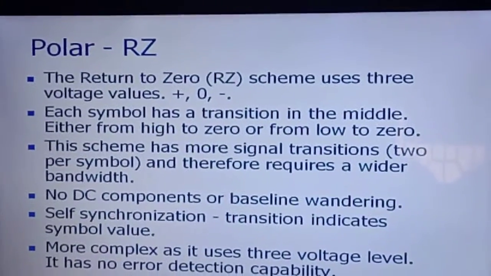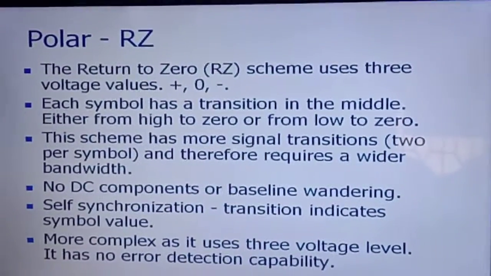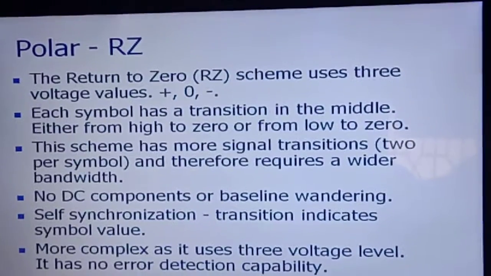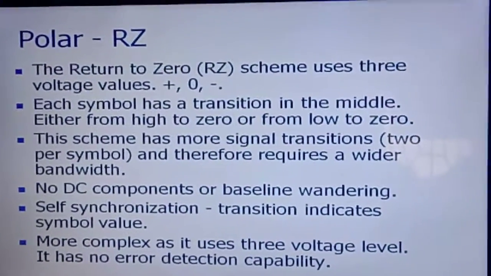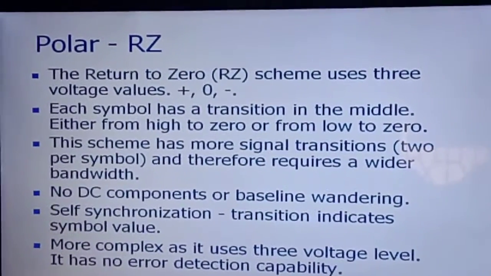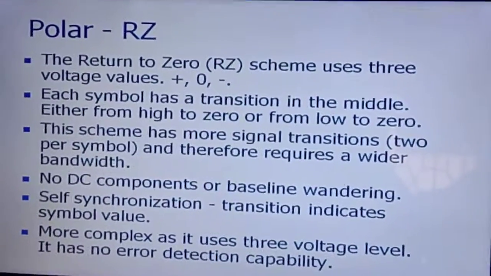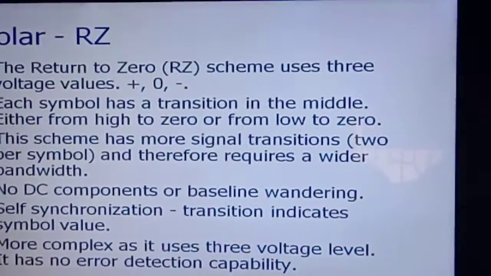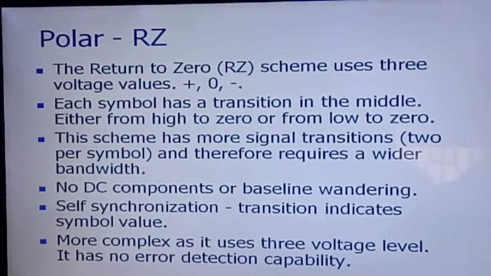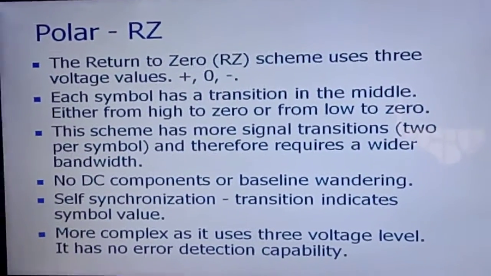Whereas in the previous method the sample may go from positive to negative or negative to positive, here the signal itself is divided into two: positive to neutral and then neutral to negative. So one sample is divided into two partitions, and automatically it occupies more bandwidth.